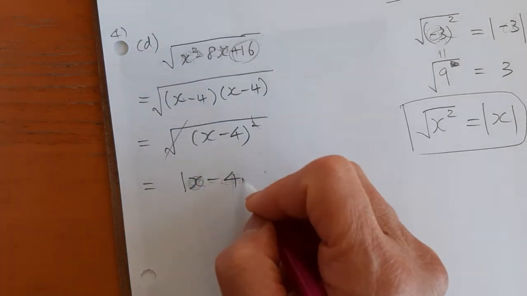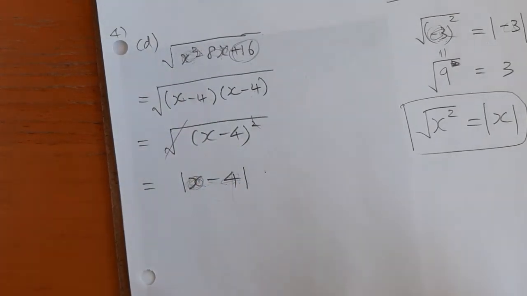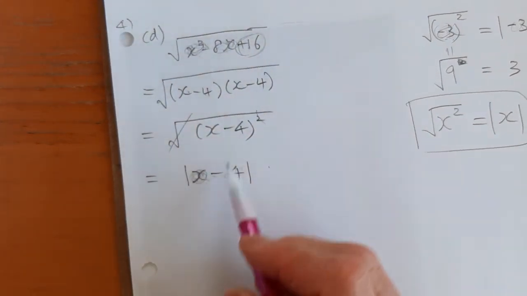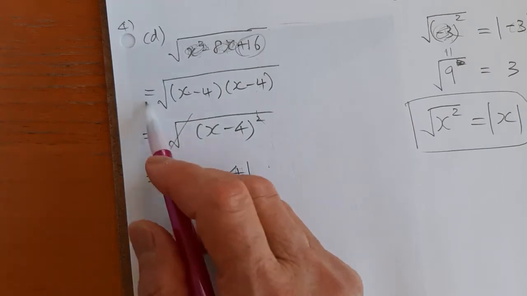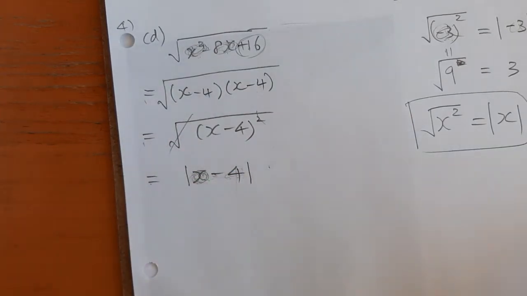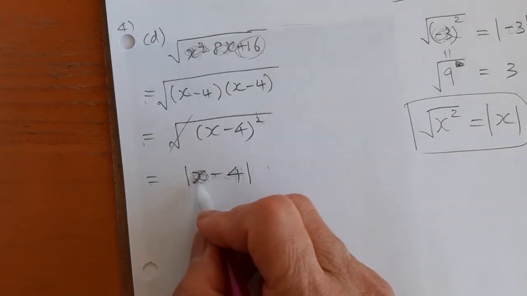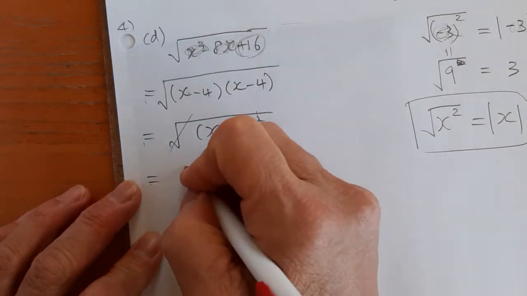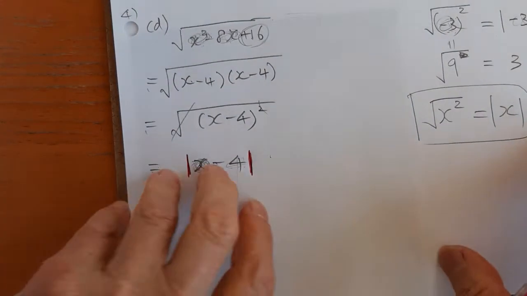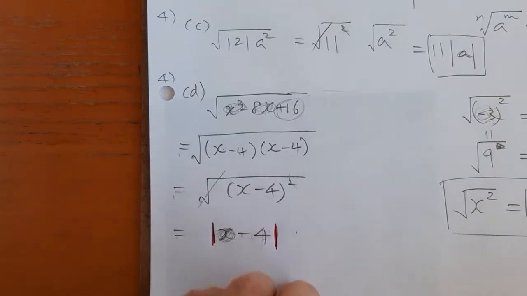So if you put absolute value, it becomes positive. If 0 plug in is 16, take square root is 4. If 0 plug in equals 0 minus 4, it's negative 4. Take absolute value, become positive 4. So this question, you have to put the absolute value of x minus 4.